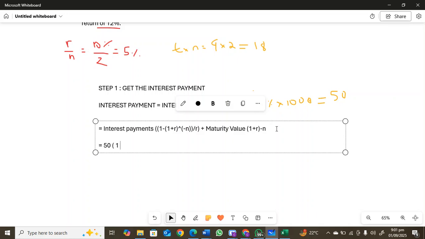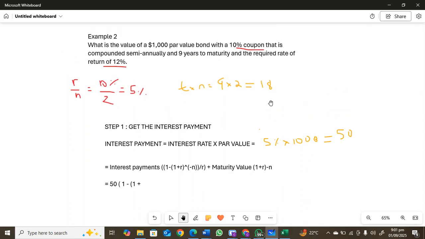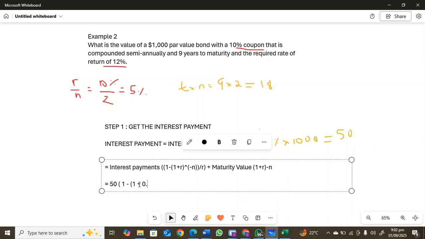Then we have here 1 minus 1 plus our discount rate. It's 10%. Wait, we used 12% here. Required rate of return, 12%. So our discount rate is 12%, 0.12 to the power negative.